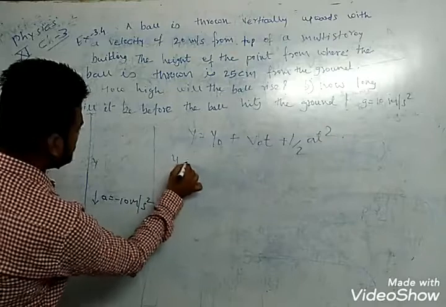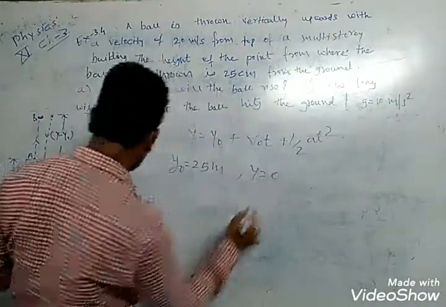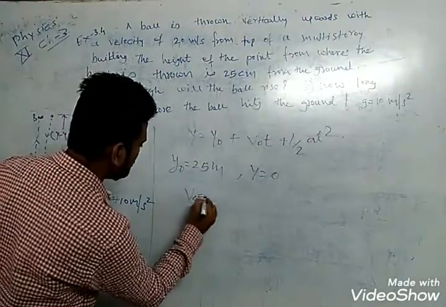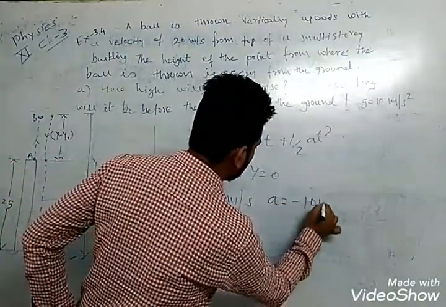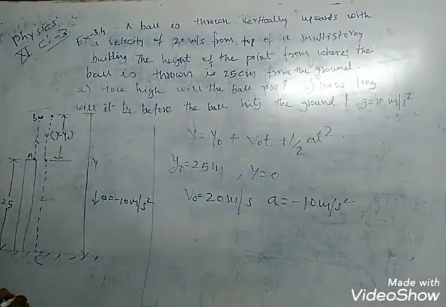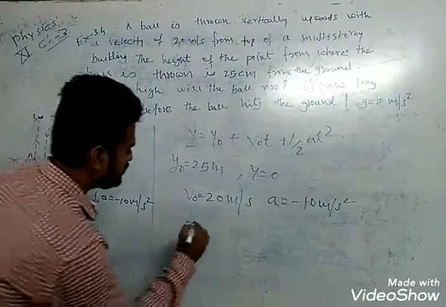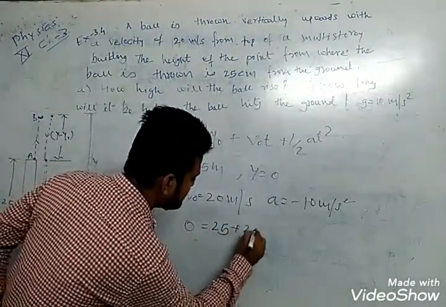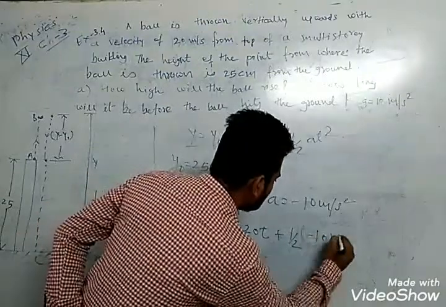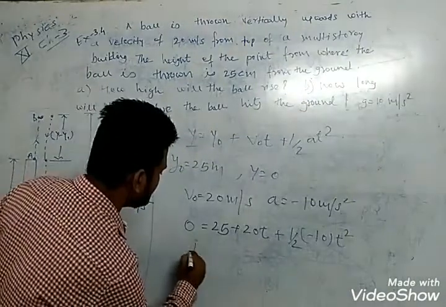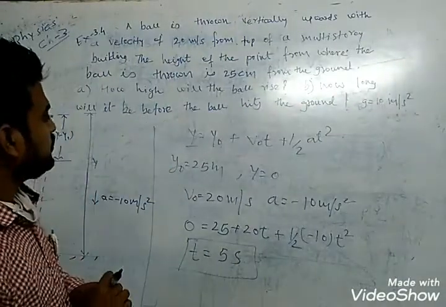Here y0 is equal to 25 meters, and y is again 0. We already have v0 equal to 20 meters per second and a equal to minus 10 meters per second squared. So 0 equals 25 plus 20t plus 1/2 times minus 10 t squared. Again the final answer is t equal to 5 seconds.